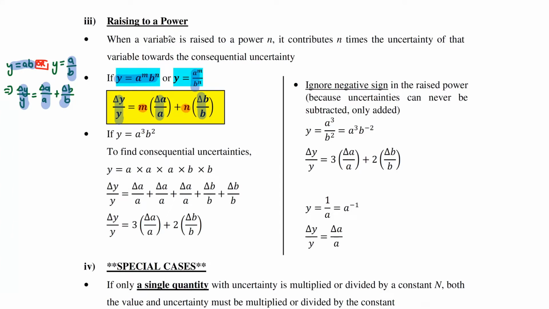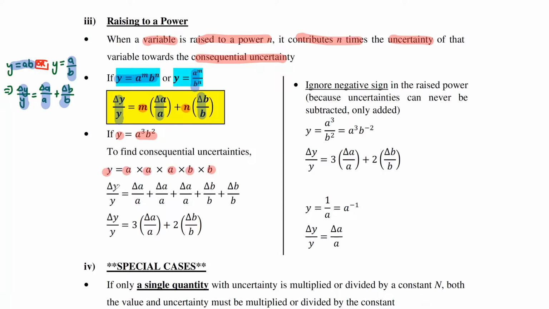The reason for that is because when a variable is raised to a power n, it will contribute n times of the uncertainty towards the consequential uncertainty. For example, if y is equal to a power 3, b power 2, it can be re-expressed as y equals a times a times a times b times b.